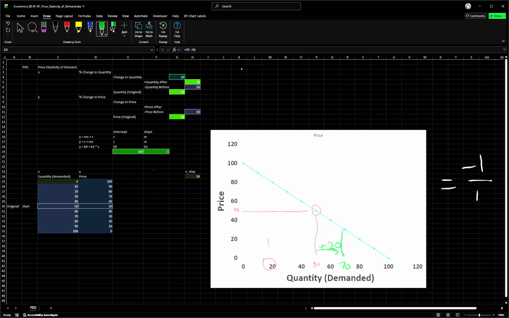So now we calculate, what's the percentage change in price? Then times 100. Actually, we don't need the times 100. It's basically minus 0.4.